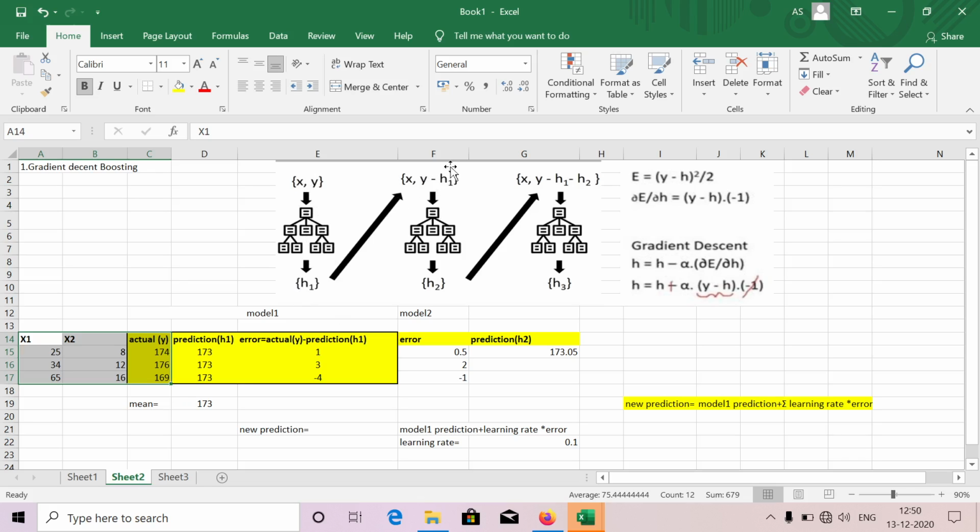I pass the error as my target, with my independent data as it is. Similarly, in the third decision tree I pass the error from decision tree 2 as the target, with my independent data as it is. Finally I will get the prediction as h3.